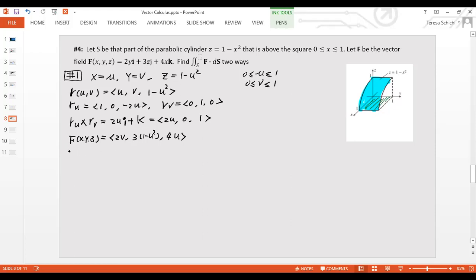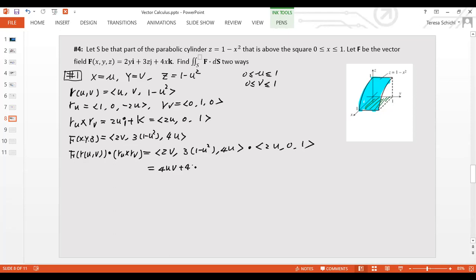Now I'm going to do f of r(u,v) dot product r_u cross r_v. That means I have (2v, 3(1 - u²), 4u) dot (2u, 0, 1). So far, so good. When you dot product, you just multiply, so it turns out to be pretty easy. This is 4uv, the complicated term disappears, 0, and plus 4u.